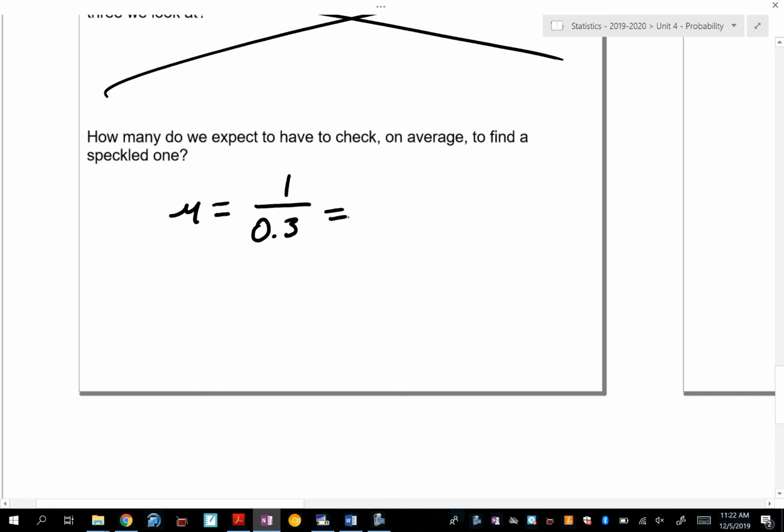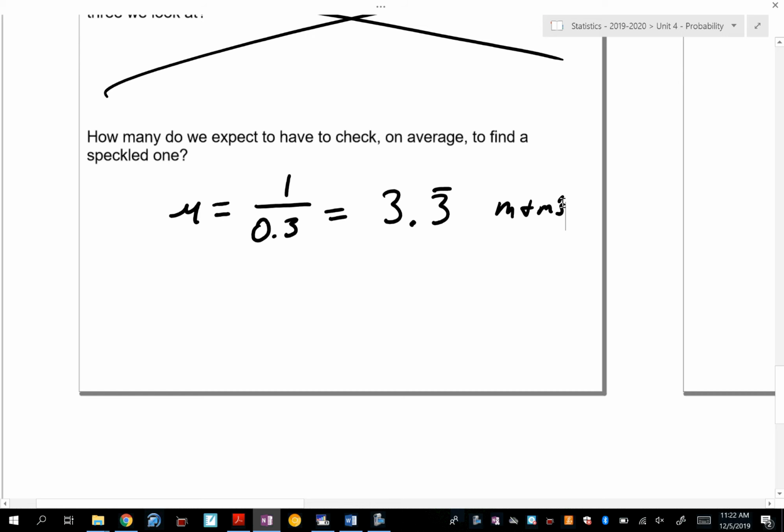3.3 repeating M&Ms. Right? We can't actually take out 3 1/3 M&Ms. So we're saying about 3, maybe 4. And if you don't have them by then, I'm like, oh man.